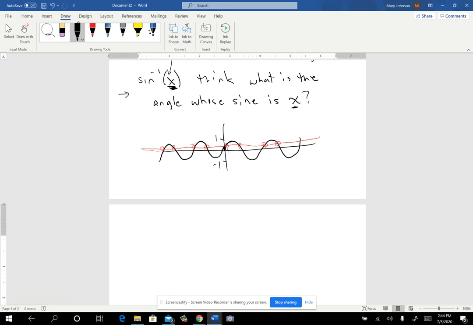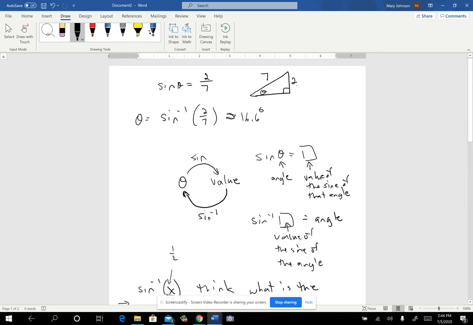So you're going to hit the value that you have here a whole bunch of times, and you'd have a whole bunch of angles. But if we want this inverse sine to be a function, then it's only going to give us one answer back. And that's the answer our calculator gives us. Like when we did sine inverse of 2/7, it gave us just 16.6 degrees back.